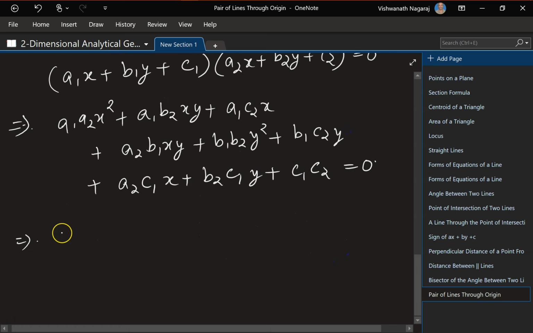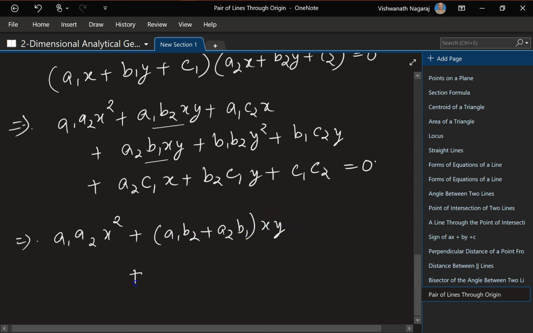Let's put it in order. a1 a2 x square. Now let's take xy. So xy is this. Okay, so (a1 b2 plus a2 b1) xy.